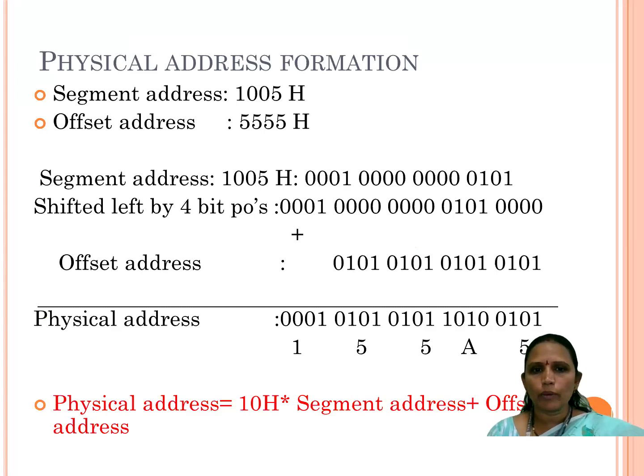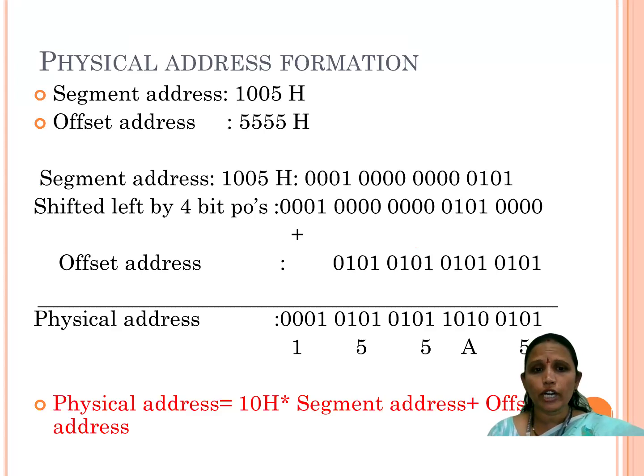Now we perform this in binary representation. The segment address 1005: 1 is represented as 0001, 0 is 0000, again 0000, and 5 is represented as 0101.